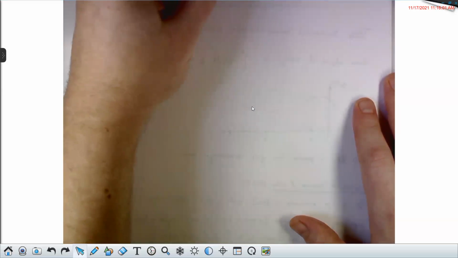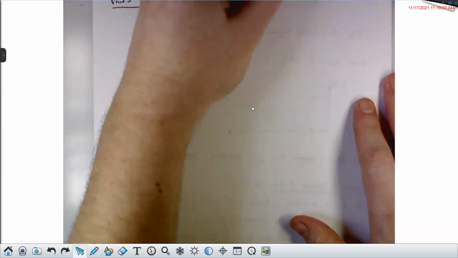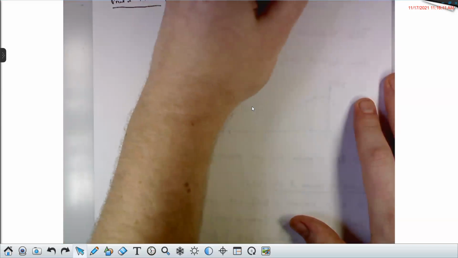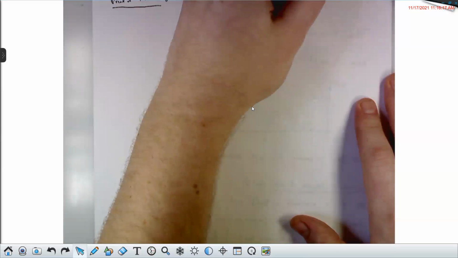Remember, by definition, g prime of x would be the limit as h goes to 0 of g of x plus h minus g of x, all divided by h. That's the limit definition of the derivative. So we're starting way back there.